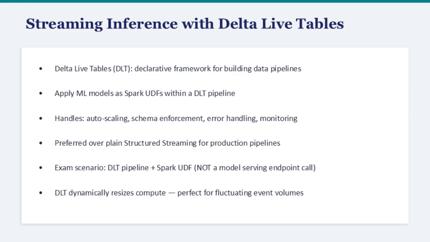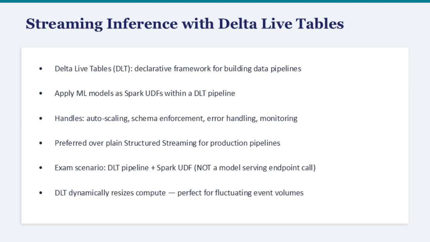The correct answer is DLT with a Spark UDF. Why? Because DLT dynamically resizes compute based on your data volume, exactly what the scenario requires. And applying the model as a UDF within the pipeline is faster and more efficient than making network calls to an external serving endpoint. The wrong answers are the ones involving model serving endpoint calls from within a streaming pipeline.